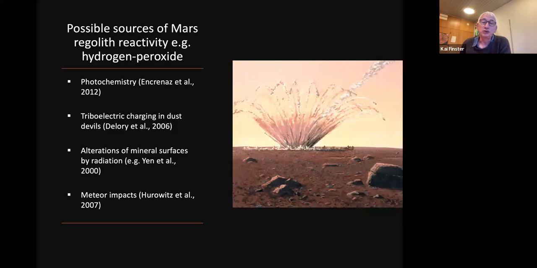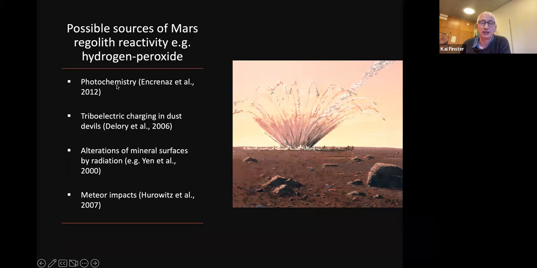So what could be the cause of reactivity? There are several ideas. These are ideas that are not put forward by us, but by others. The cause of reactivity that was suggested could be hydrogen peroxide, and there are several alternative explanations for how it could be produced.